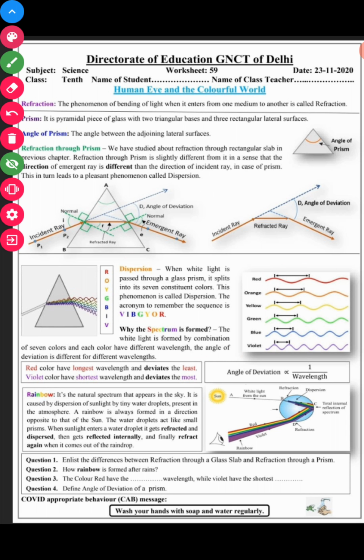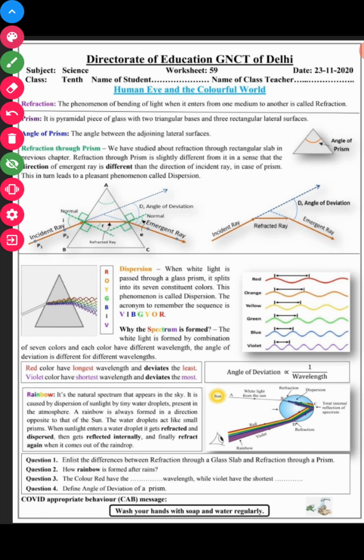This white light is dispersed into the 7 colors with the name VIBGYOR. You can learn it very easily. As I told you, red has the maximum wavelength and violet has the shortest wavelength. Red deviates at a very small angle, whereas violet deviates at a large angle.